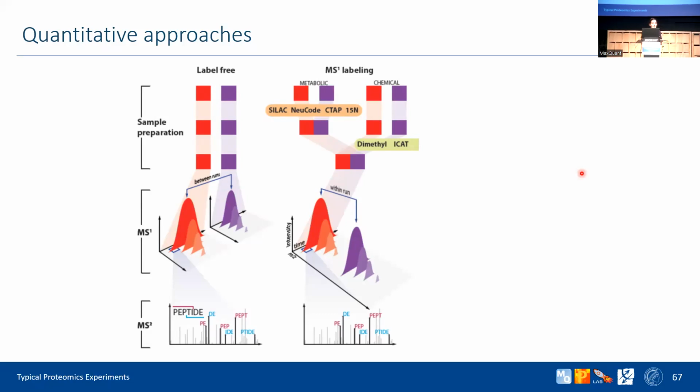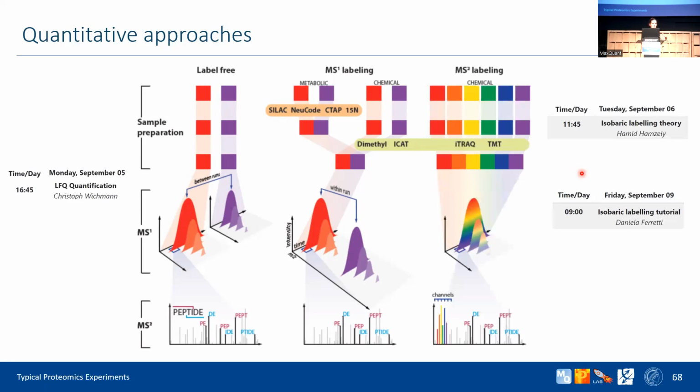You can group these experiments into two different groups: the experiments where you do the quantification at MS1 level, the MS1 label experiments, and the ones where you do the quantification at MS2 level. If you're not aware of them, it's okay, because we are going to talk about it later in the week.